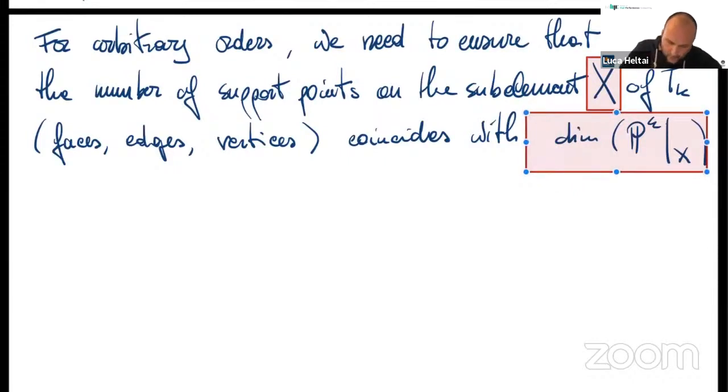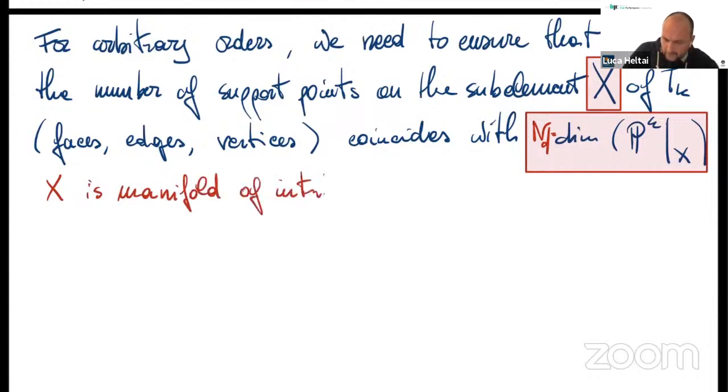So let's go over here with, now we have this as N_D, and D is equal to the dimension of T_K on X, where X is a manifold of intrinsic dimension D. Okay.